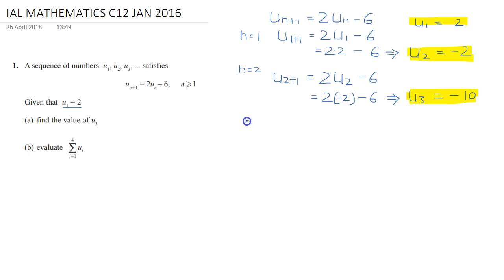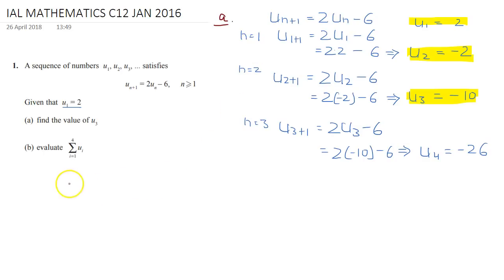When n is equal to 3, u(3+1) is equal to 2 u3 minus 6, so that is 2 times minus 10 minus 6. So this means u4 is equal to minus 20 and minus 6, so minus 26. This was part A.